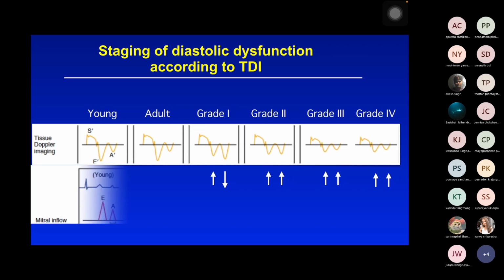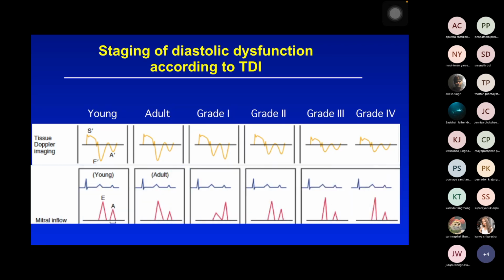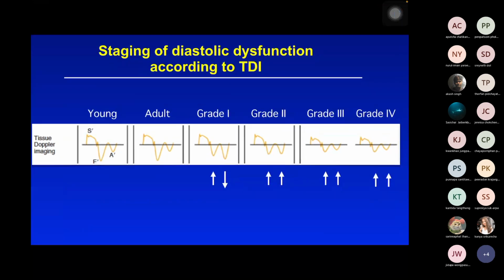In a normal adult patient, we might see the E prime velocity greater than the A prime velocity. When the patient has grade 1 diastolic dysfunction, you see the E prime velocity decreased, but the A prime velocity increased.